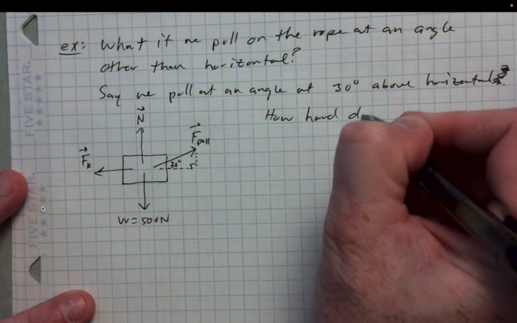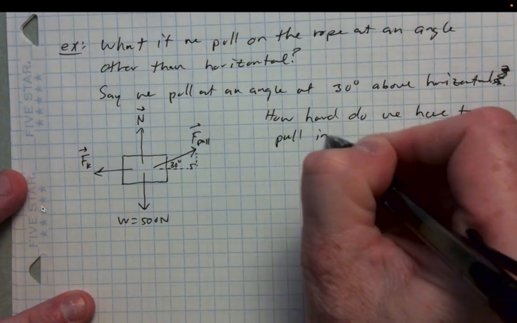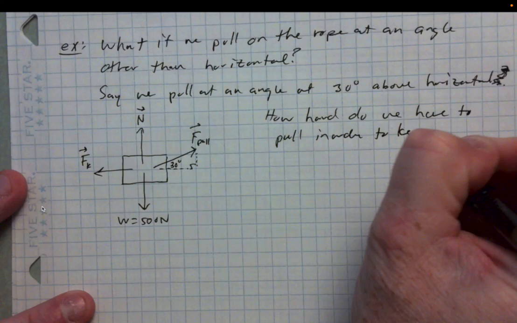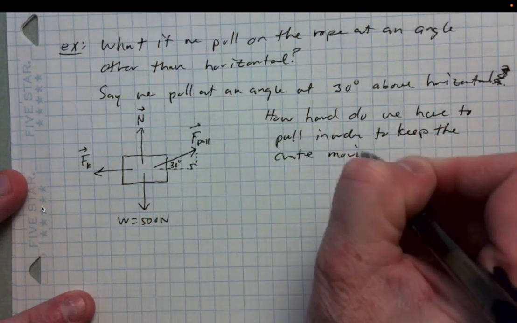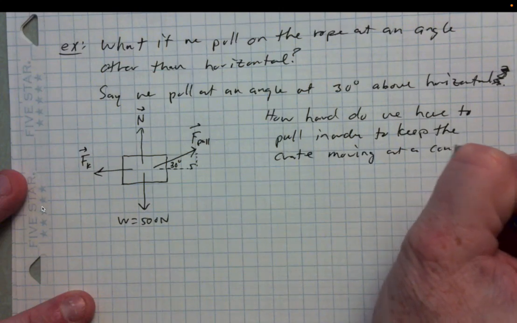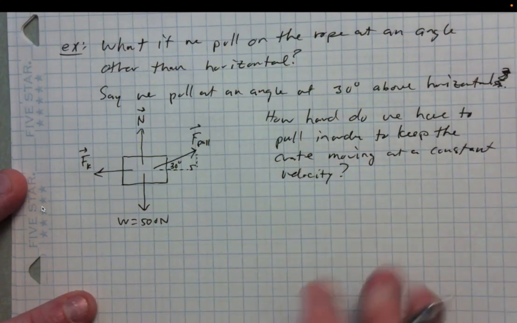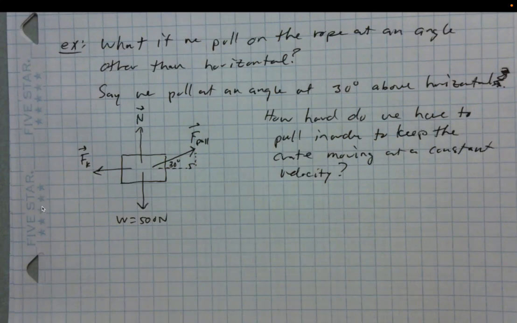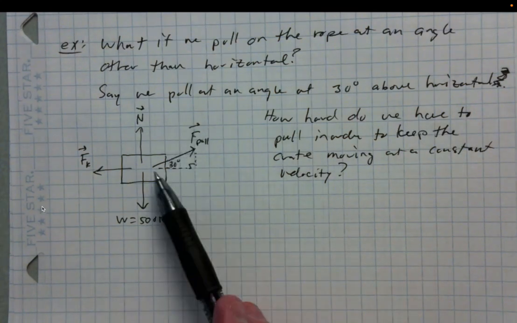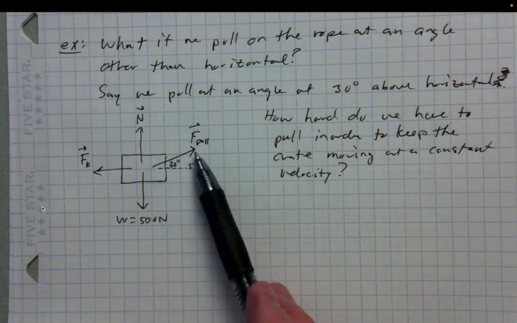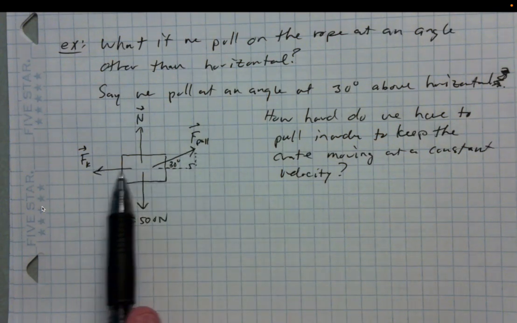How hard do we have to pull in order to keep the crate moving at a constant velocity? Okay, so there's a couple of things to think about here. When I pull at an angle, the force of my pull is no longer opposed merely by the kinetic friction.